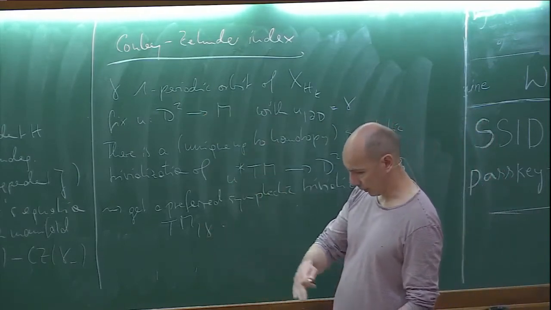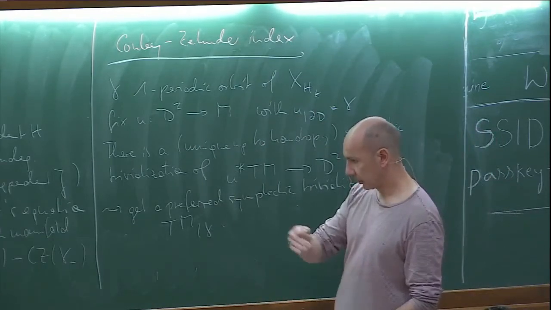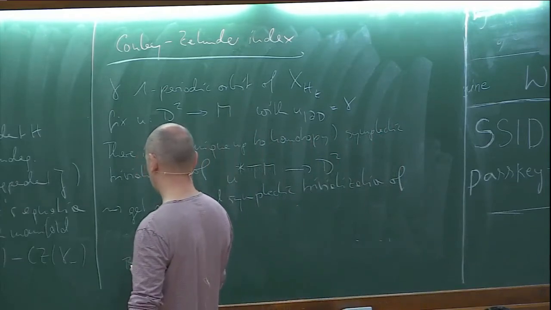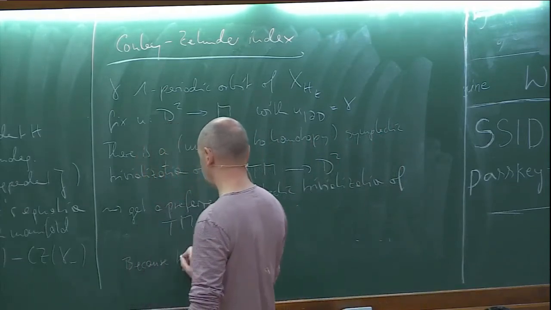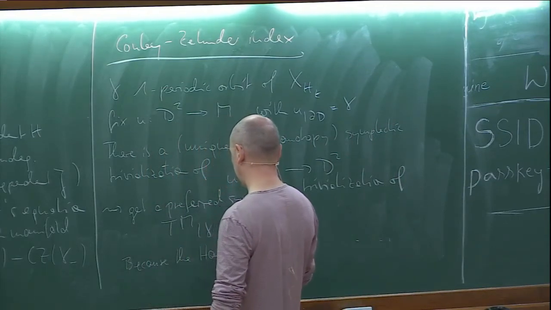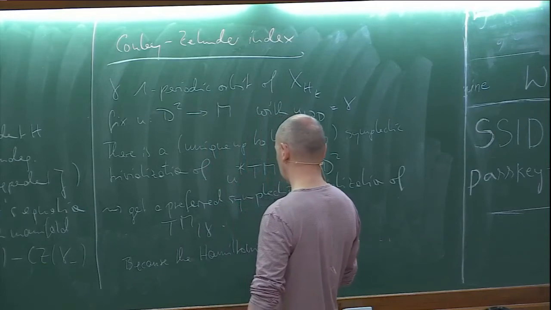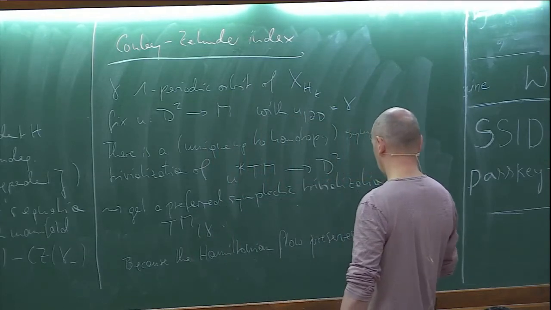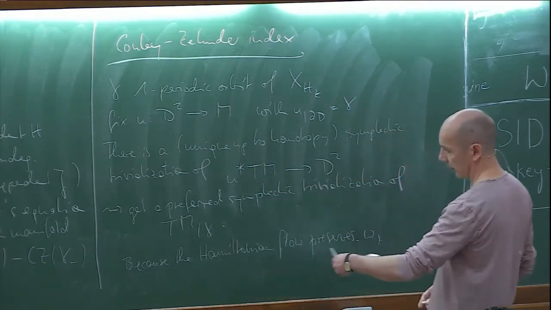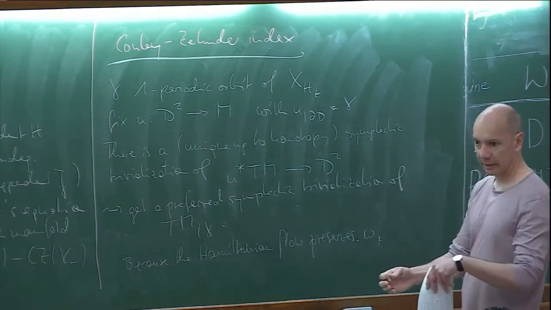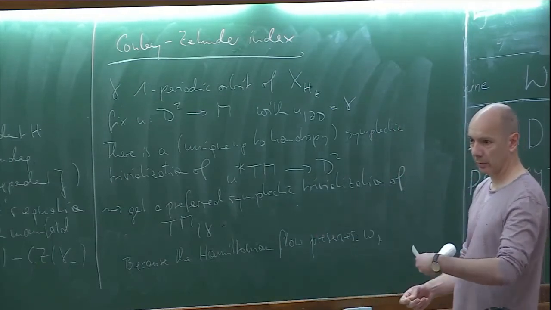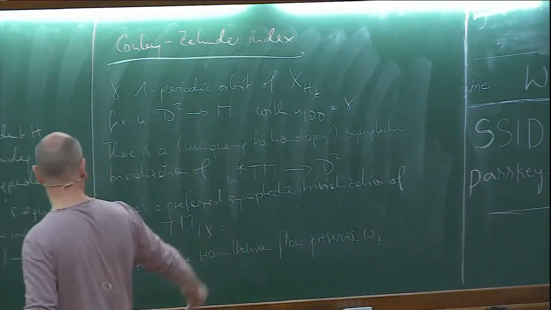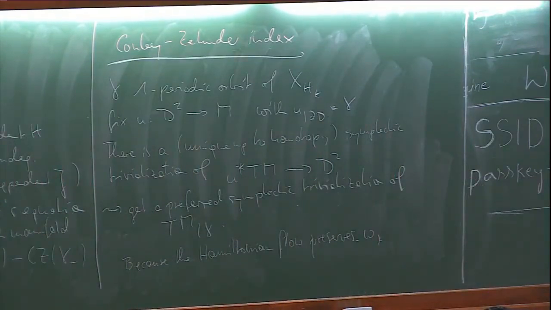Now the Hamiltonian flow, as I said, preserves the symplectic form, and because of that, in this particular trivialization, the differential of the Hamiltonian flow will be a path of symplectic matrices.